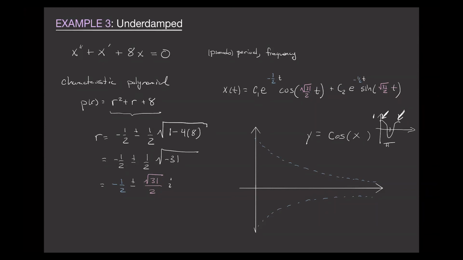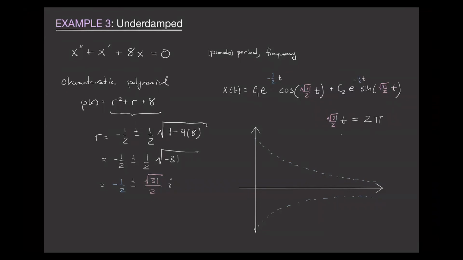Then what that means is we take this thing, which is square root 31 over 2 times t, and in order to find the period, or the pseudo period, pseudo in this case, but I may be a little lax on the terms, think of that in the same way as regular cosine. It takes 2 pi to go through a period.